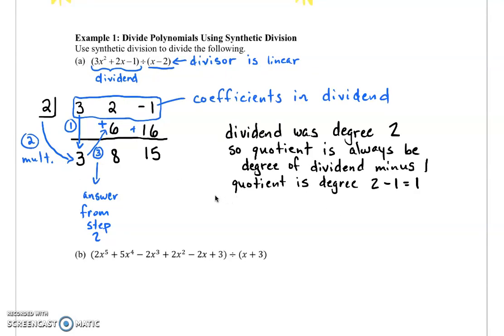That means our first coefficient has an x to the first power. So the quotient here is 3x minus the next coefficient. We go down 1 in degree. So since we have an x here, this is a constant of 8 with no x attached. And then the remainder is 15.